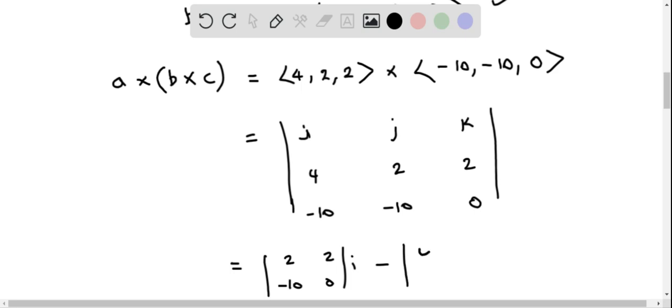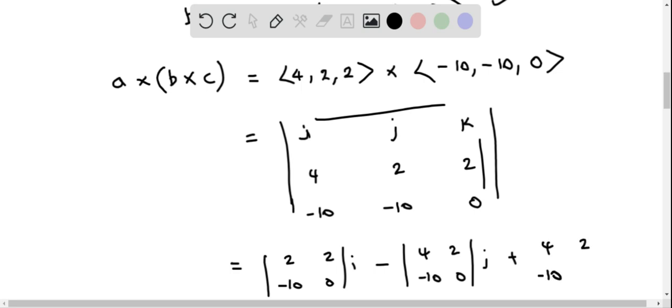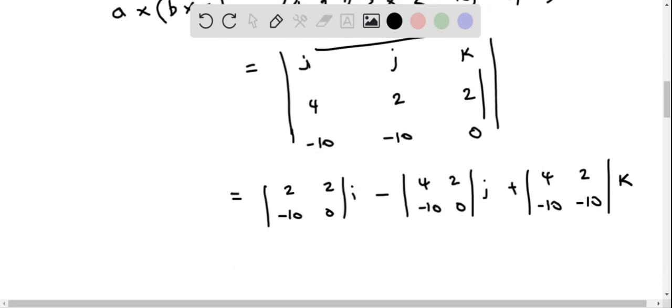And when we do that, we get 4, 2, negative 10, 0. This multiplied with the j component plus, we leave this row and this column. So we will get 4, 2, negative 10, negative 10, k. Now we have to evaluate these 2 by 2 determinants by doing the cross products.